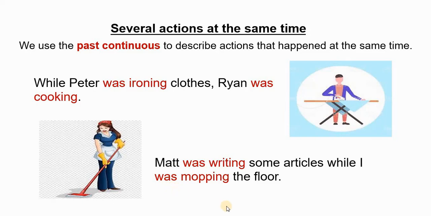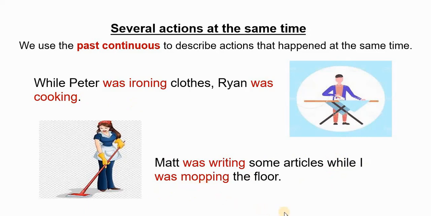Okay? And we join them with the word while, either at the beginning of the sentence, while Peter was ironing, or at the end, while I was mopping the floor.